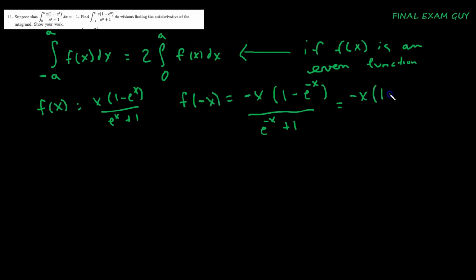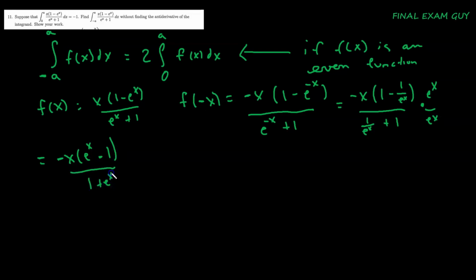We bring this e to the x over here, as well as this one here, plus 1. And if I multiply by e to the x, I would end up getting the following: negative x (e to the x minus 1) over (1 plus e to the x) equals x times (1 minus e to the x) over (e to the x plus 1).